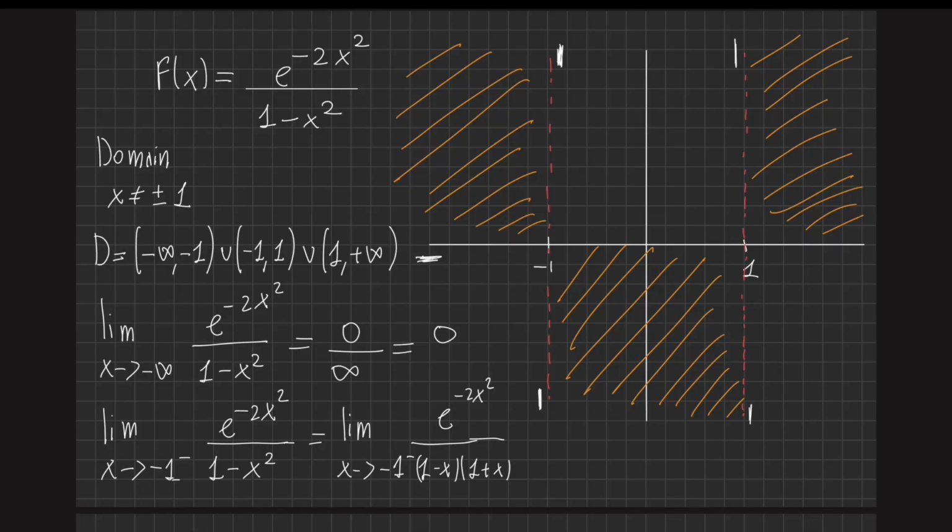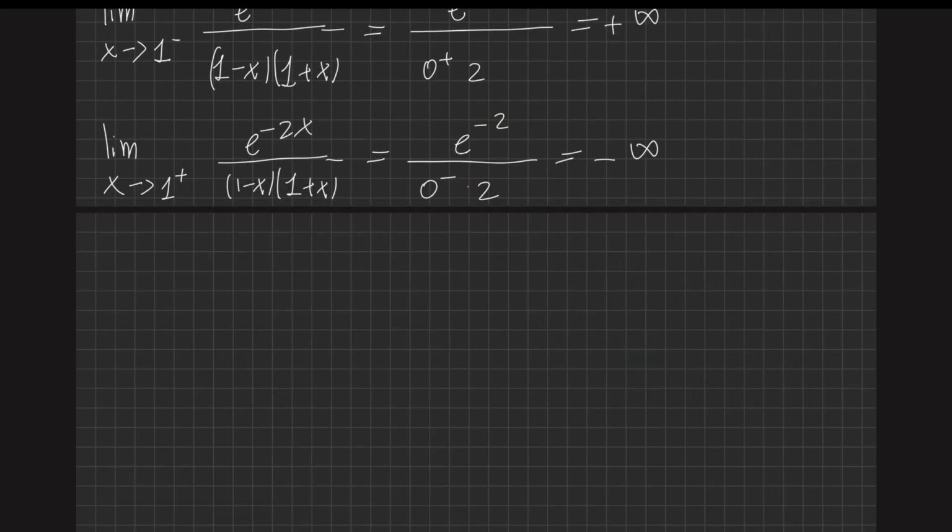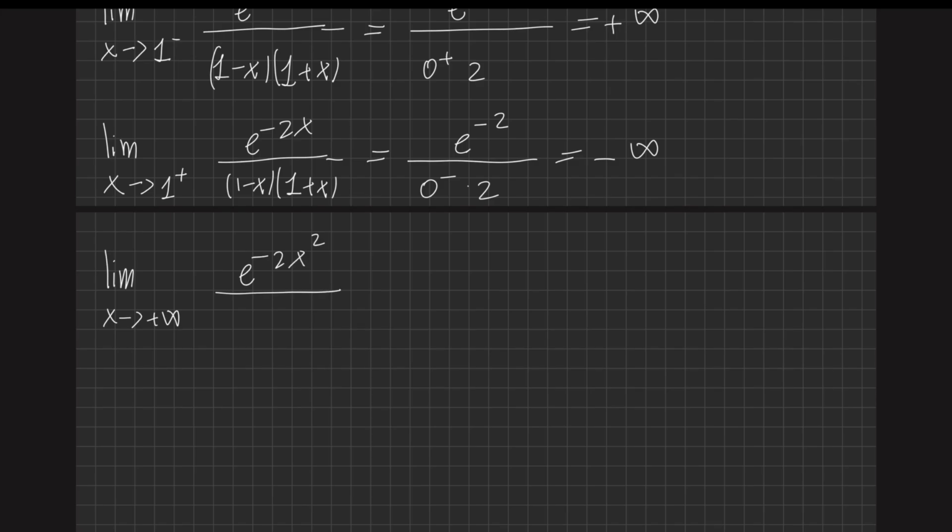Perfect. Last limit. So we're going to compute the limit as x approaches plus infinity of e to the minus 2x squared divided by 1 minus x times 1 plus x. And here is a no-brainer.